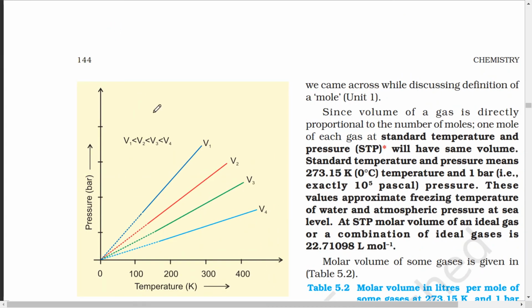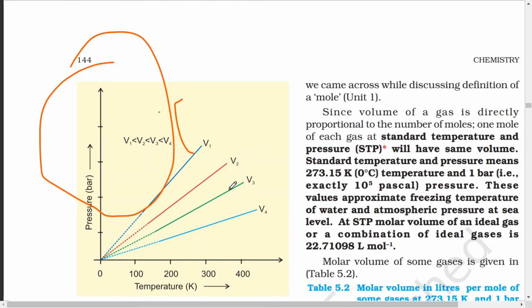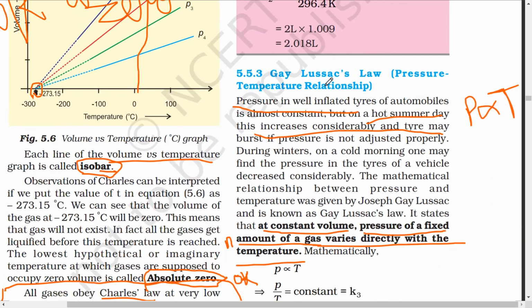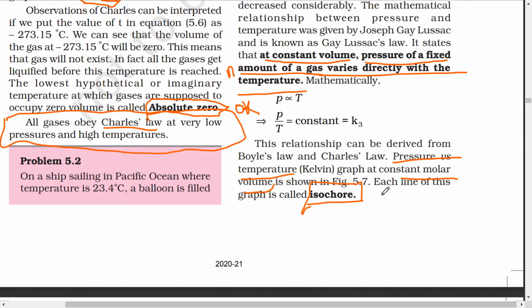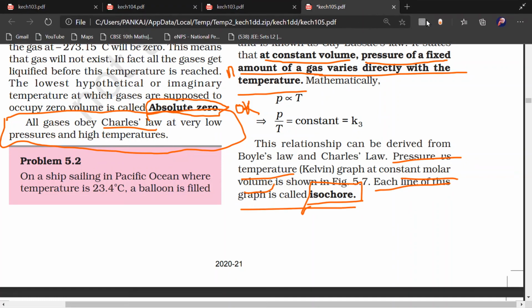Each line, please don't think of the complete graph. No, each line is called isochore. What he just said over here, each line of its graph is called isochore.